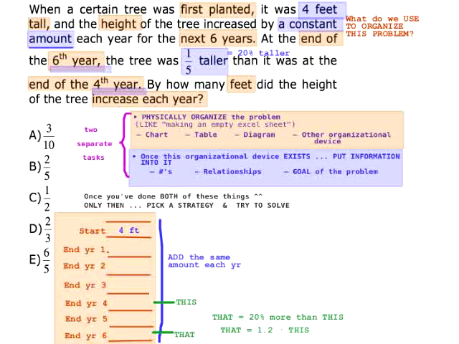How do we solve the problem? There are a couple of ways. How can we do it without algebra? You work backwards from the choices. Let's back solve. You plug in a choice, and you just keep adding it.